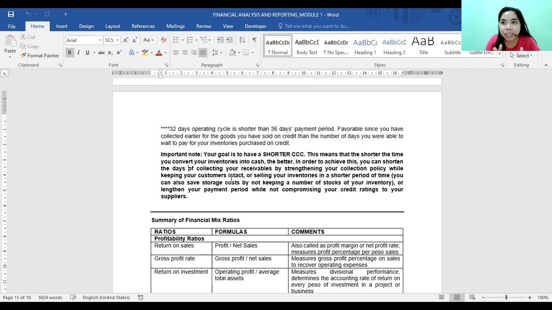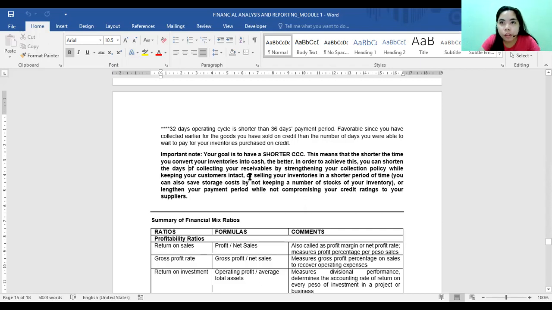But you should not compromise your standing, in case your strictness in collecting affects you and your customer leaves you. So it needs a balance when it comes to these kinds of things, when it comes to practice. So you have here strengthening your collection policies, keeping your customers intact, or selling your inventories in a shorter period of time.